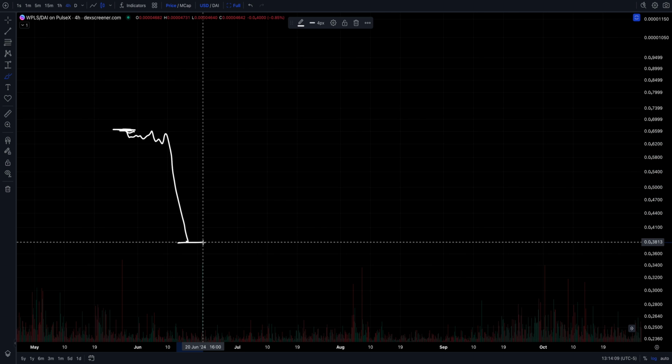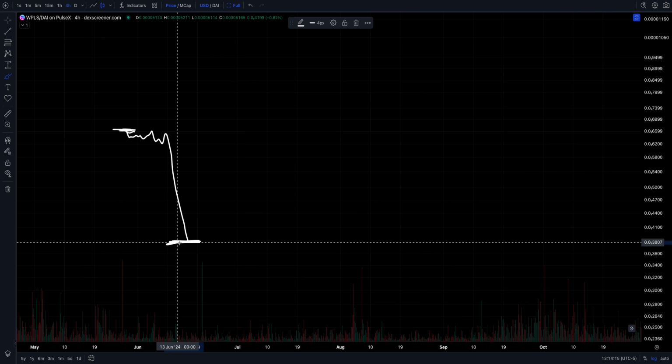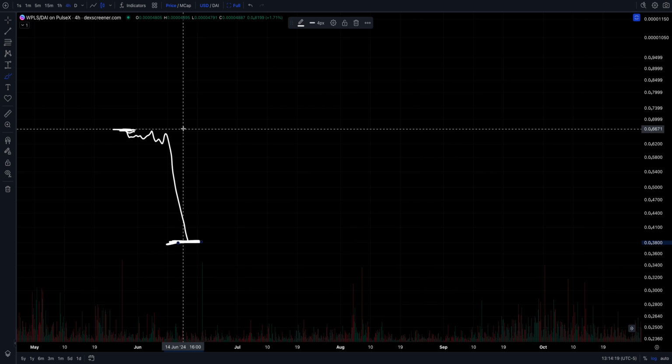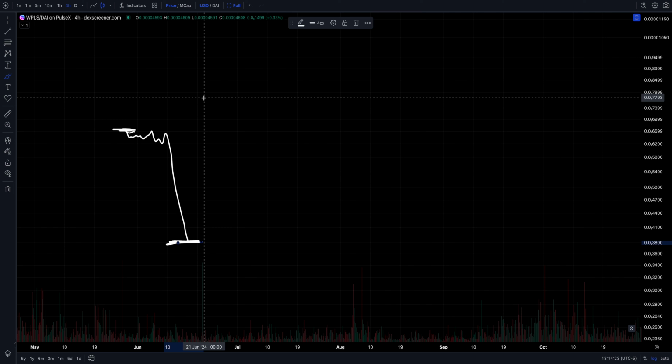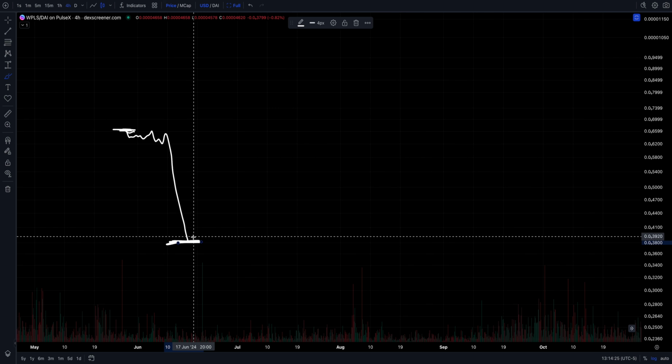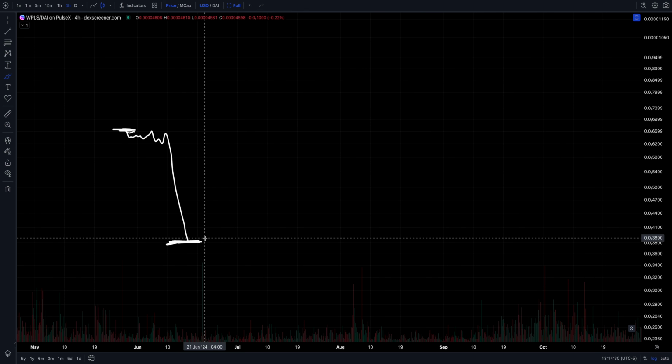This becomes your selling climax. And this is where you get the most selling. This is the most fear comes in right here. People are just in panic. They're in a state of gridlock. They can't even make a decision because they're just so shocked at this drop. And this is the psychology of the market.